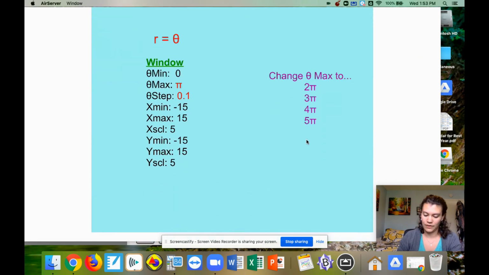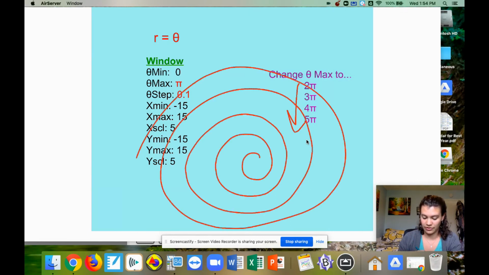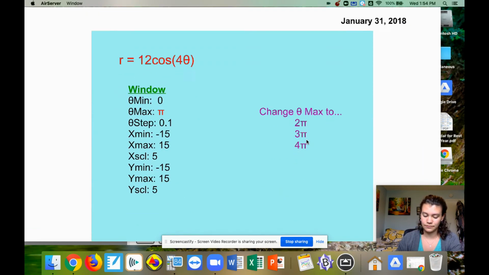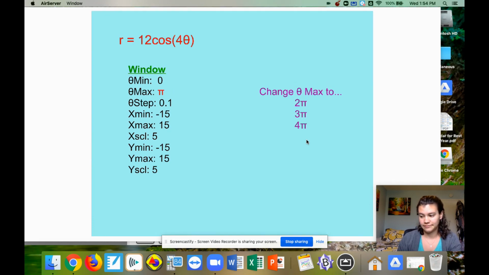Okay, so graph this one and change your theta max to 2 pi, 3 pi, 4 pi, 5 pi, etc. As you increase this, your spiral is going to keep going farther and farther, so you're adding more and more to your graph. Now graph this one and look at the graph.